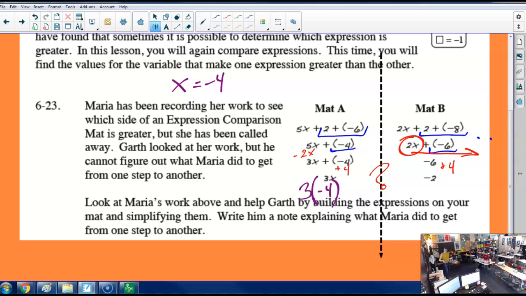But we don't know what x is. Realistically, looking at your tiles, we assume x is probably positive because it's like a length, right? But we know by algebra, it doesn't always work that way.